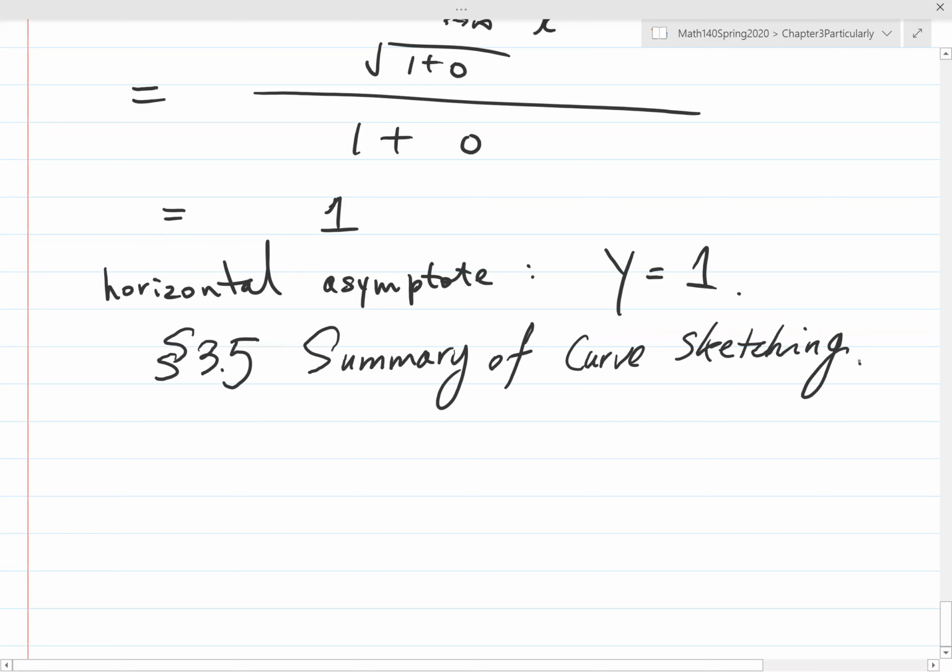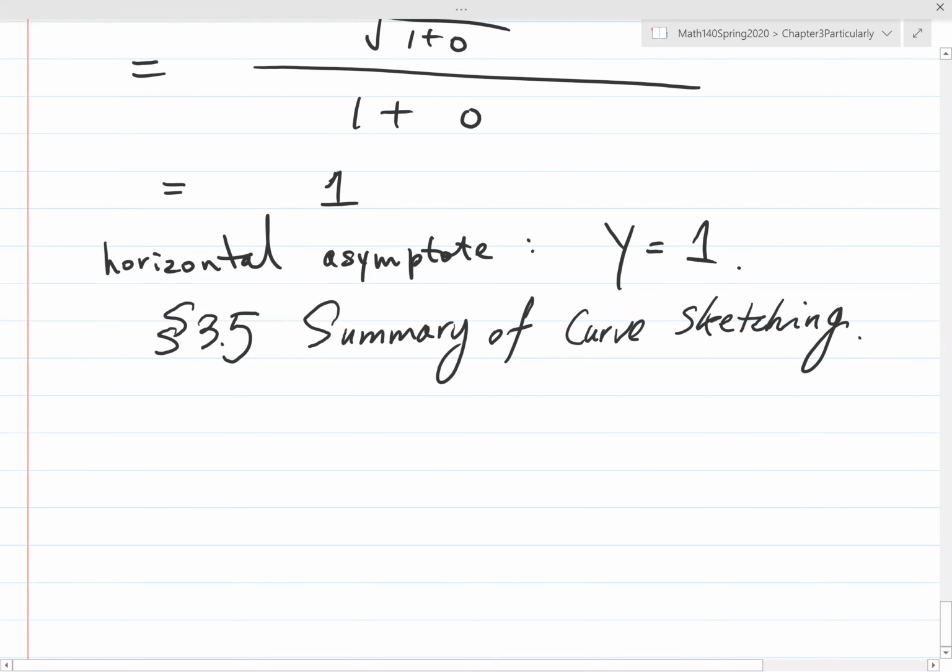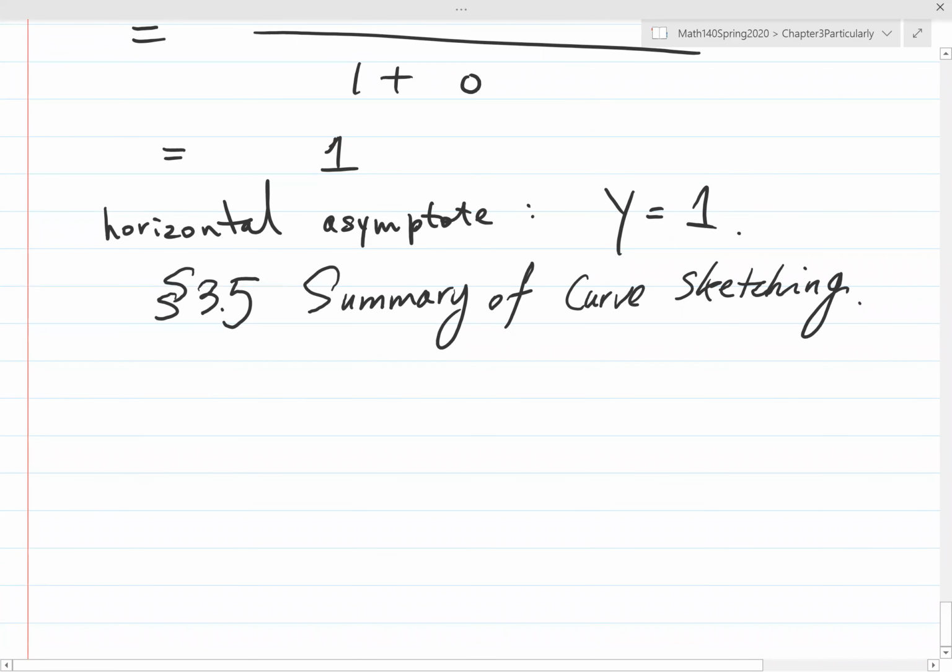When we sketch a curve, what kind of properties do we need to keep in mind? Some key properties of a curve you need are the following. First, the domain, i.e. the x values such that the function is defined. And then second, special points, the intercepts.